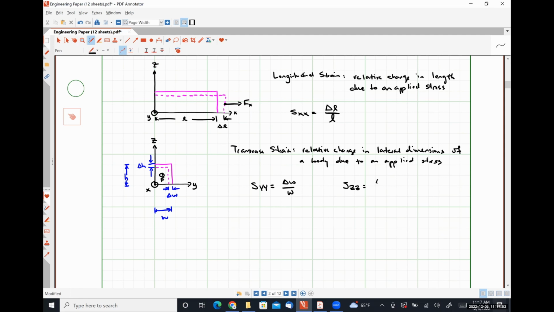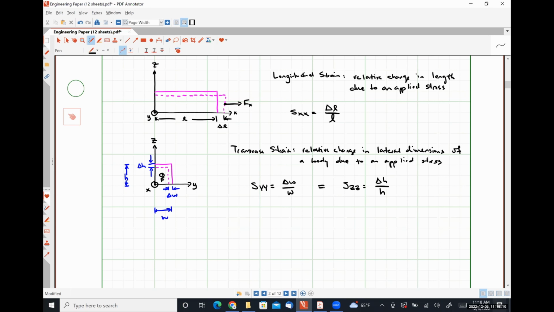SZZ is going to be the change in height over the original height. And these quantities have to be equal to each other. We'll talk about that in a moment, but it's related to Poisson's ratio.